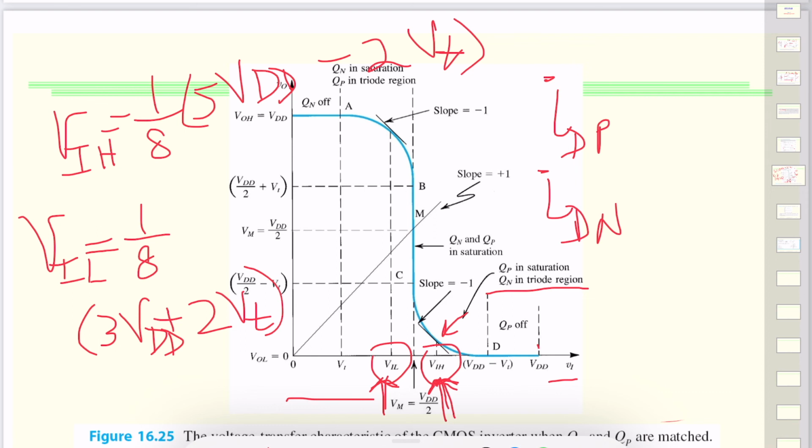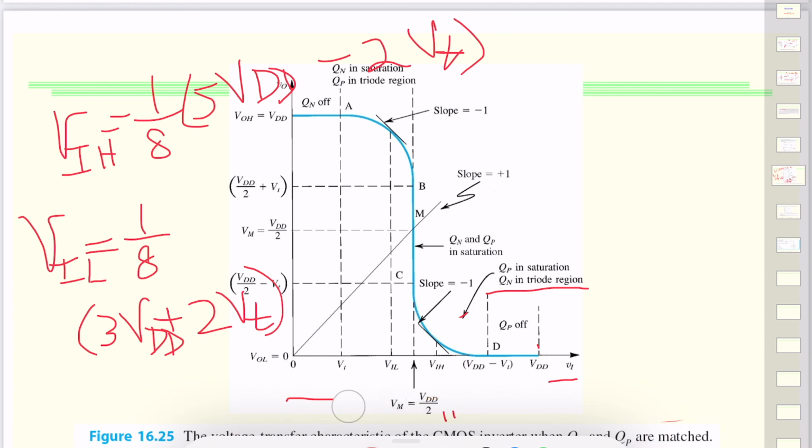So from these, then we can find out exactly what is the noise margin for this CMOS, and that we discussed is the difference of these two. So that's the difference between the high output and high input, VOH minus VIH.